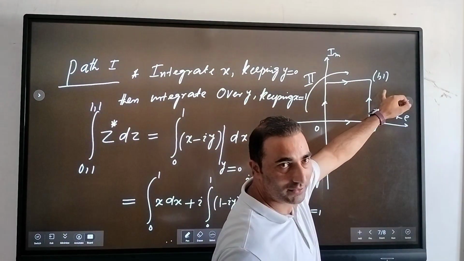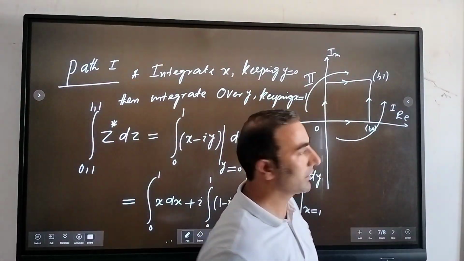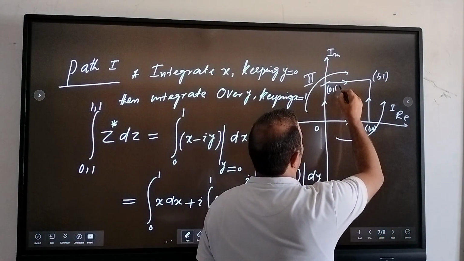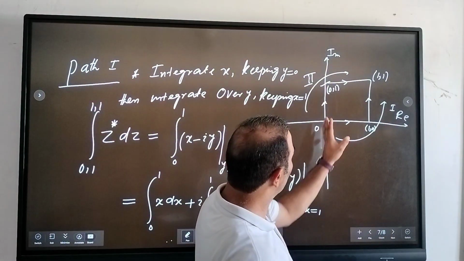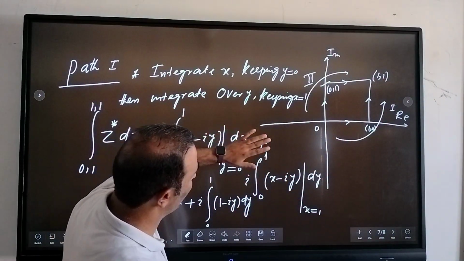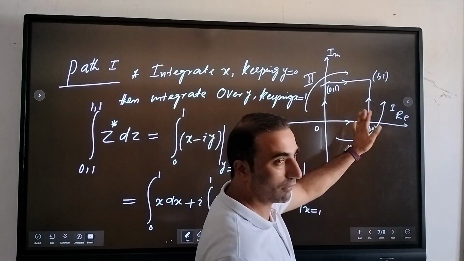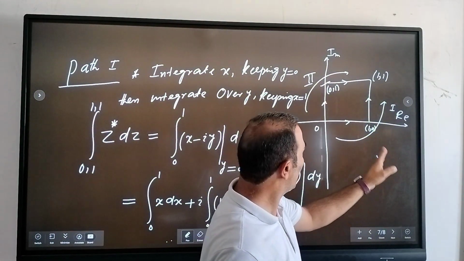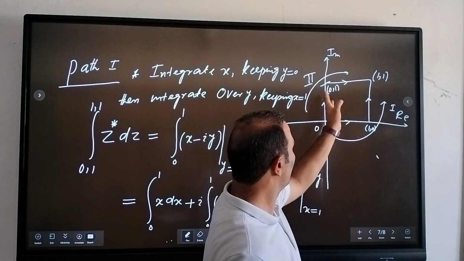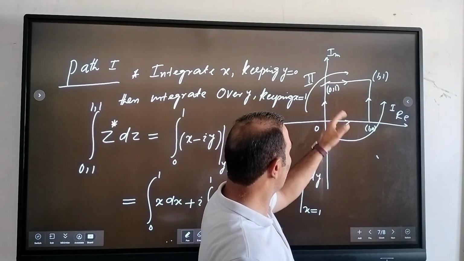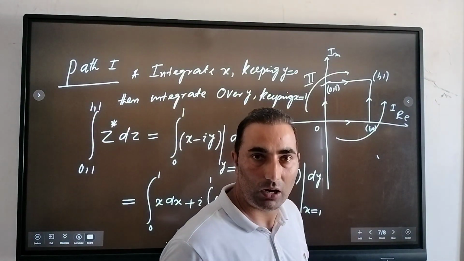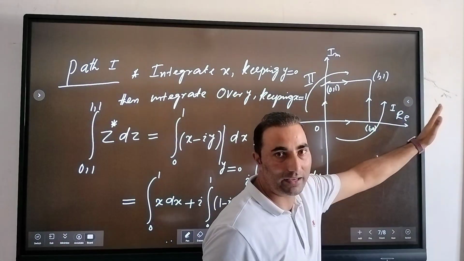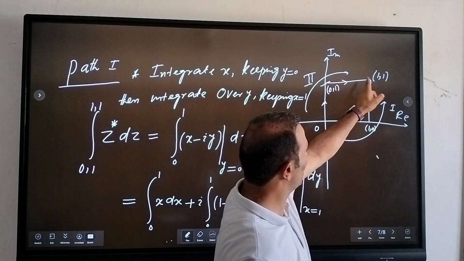integrate over x, putting y equal to 1 because यहाँ पे y का वैल्यू क्या होगा, यहाँ पे y का वैल्यू होगा 1, तो यहाँ पे y का वैल्यू 1 होगा, राइट, तो दैट मीन्स यहाँ पे इसका रिवर्स आ जाएगा, यहाँ पे पहले हम x वैरी कर रहे थे, y 0 ले रहे थे, देन y वैरी कर रहे थे, x 1 ले रहे थे, नाउ इट विल बी रिवर्स ऑफ दैट, राइट, यहाँ पे हमें पहले वैरी y करना है, x 0 लेना, बिकॉज ऑन दिस इमेजिनरी एक्सिस y एक्सिस और x इक्वल टू 0, एंड देन यहाँ से फिर हमें इंटीग्रेट करना है x, नाउ x इज वैरिंग व्हेन यू गो दिस वे from this point to that point.